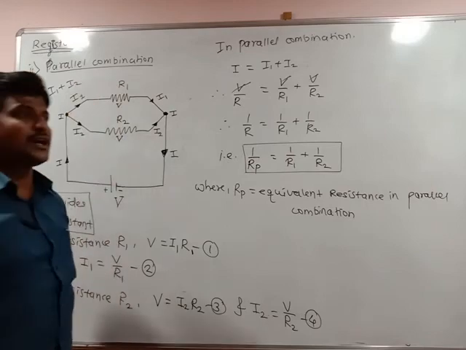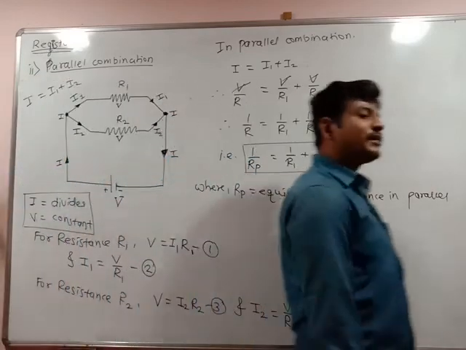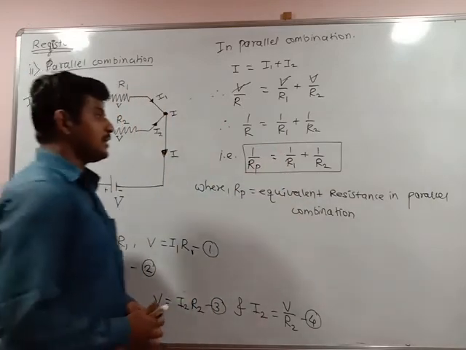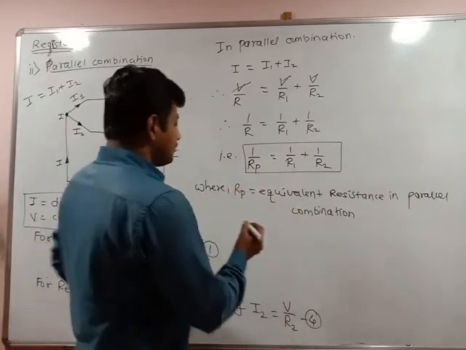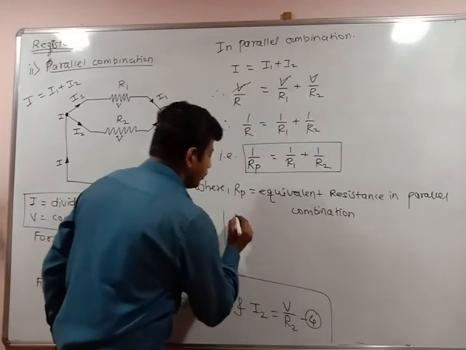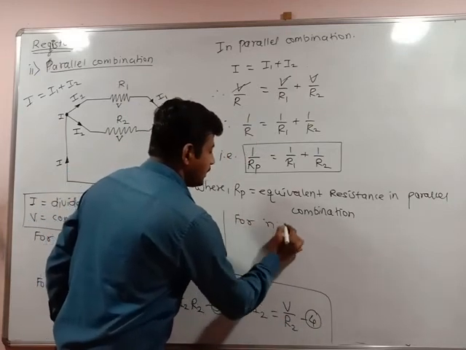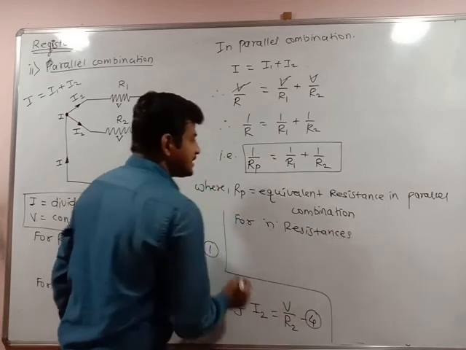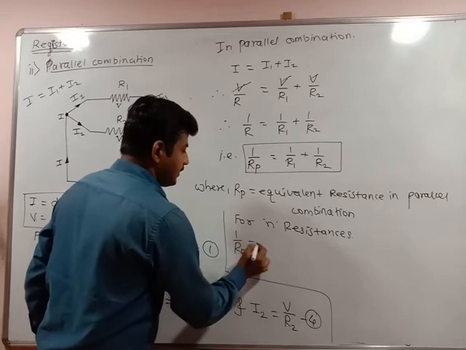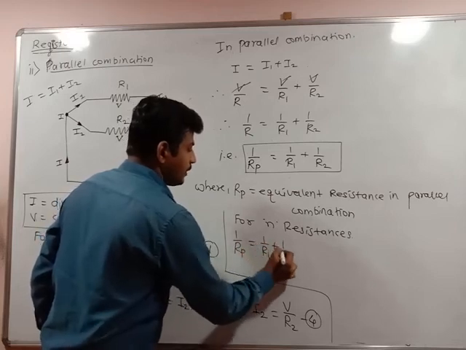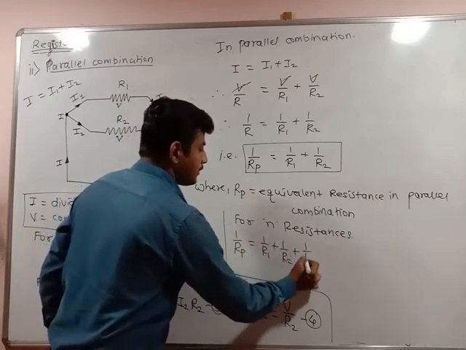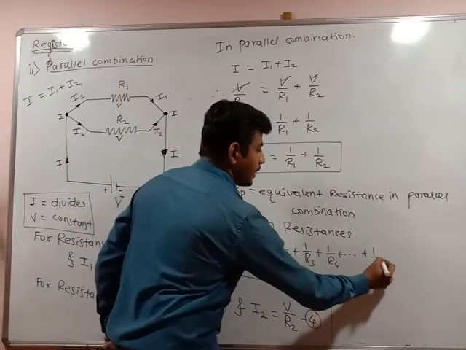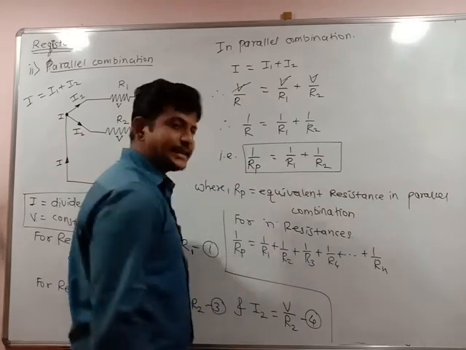Earlier in series combination, Rs is equal to R1 plus R2. Here 1 upon Rp is equal to 1 upon R1 plus 1 upon R2. This is for two resistors. If we use n resistances, 1 upon Rp is equal to 1 upon R1 plus 1 upon R2 plus 1 upon R3 plus 1 upon R4 plus 1 upon Rn, n resistances.